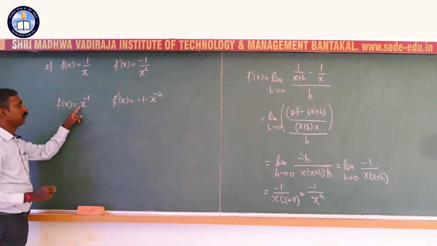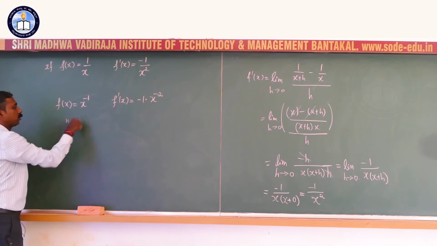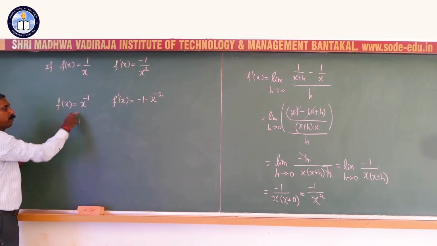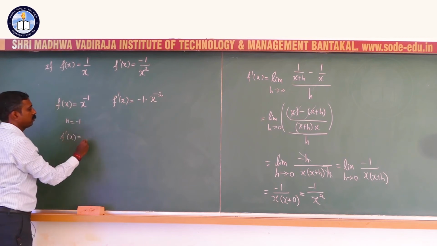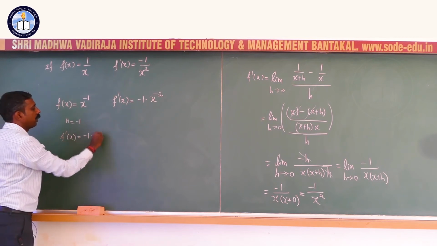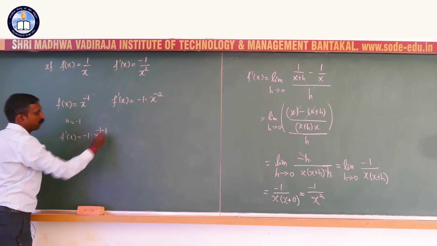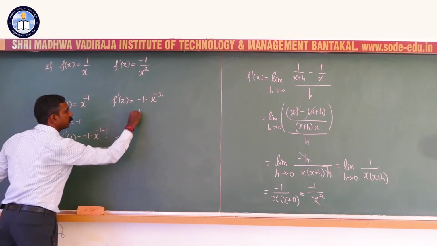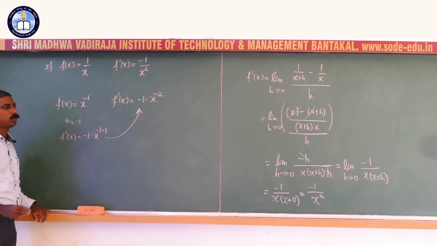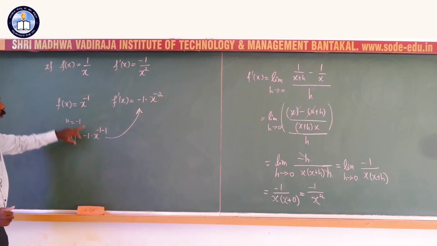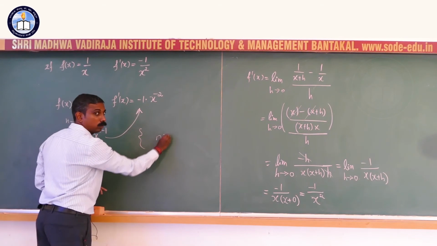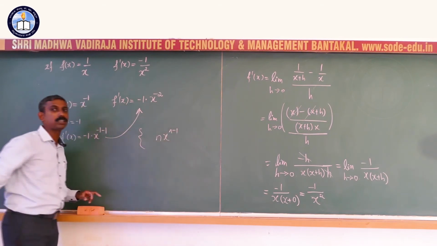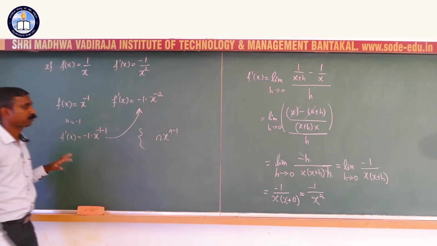Now, here n equal to minus 1, then if we apply the same formula, f dash of x is equal to n into x to the power n minus 1, we are going to get the same expression. You see? So, for n equal to minus 1, the result n into x to the power n minus 1 holds good.